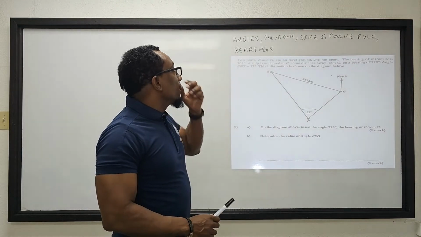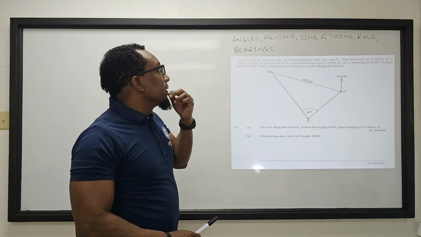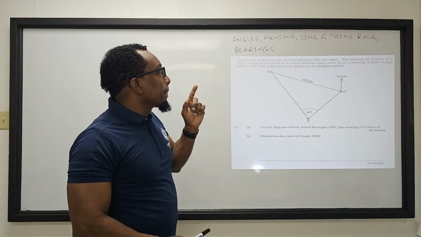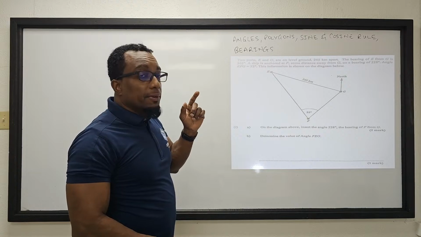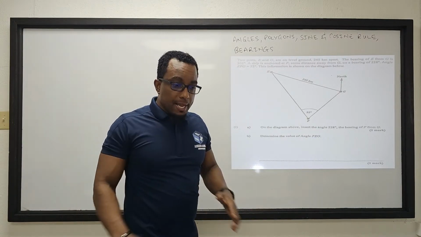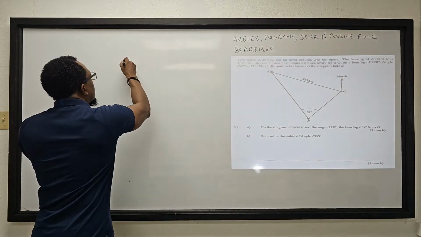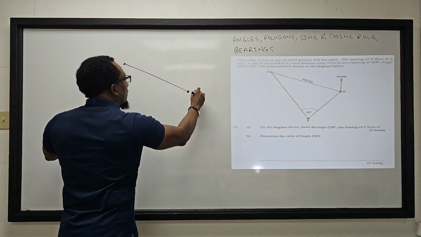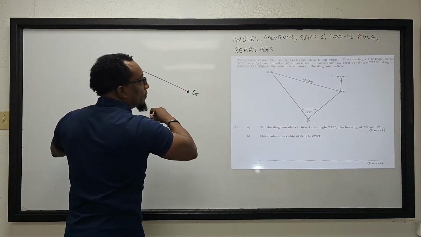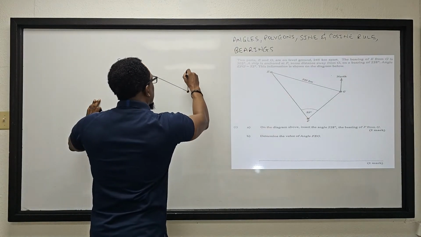With this question here, two ports E and G are on level ground. Level ground is the ground you're all standing on. So you have these two ports E and G. This is your north.